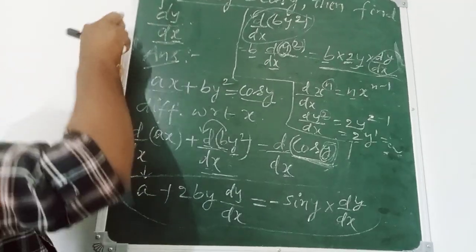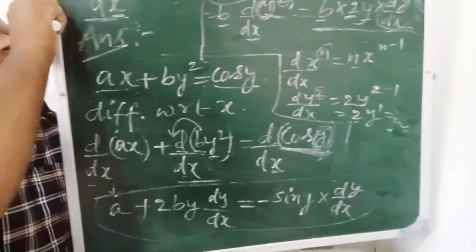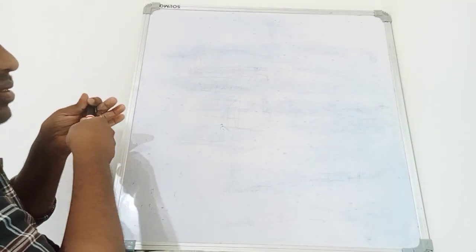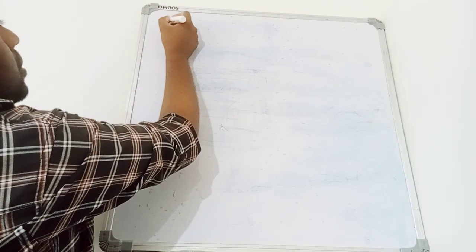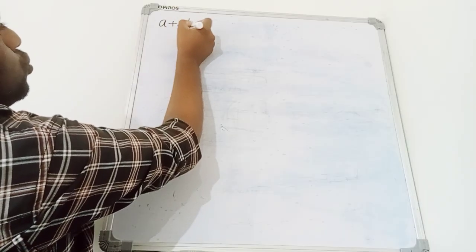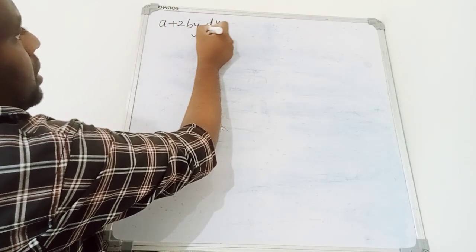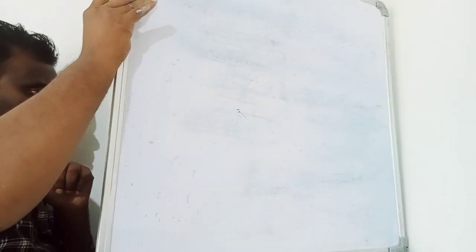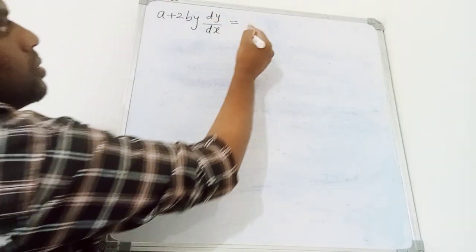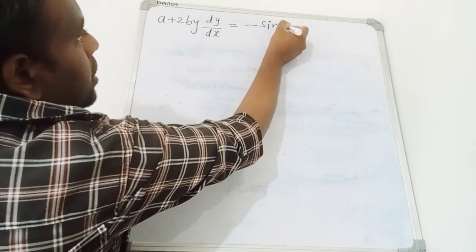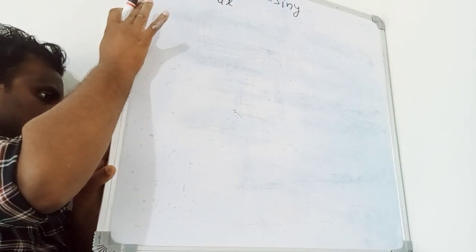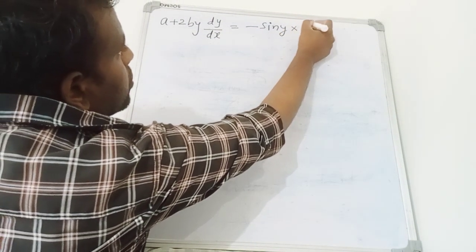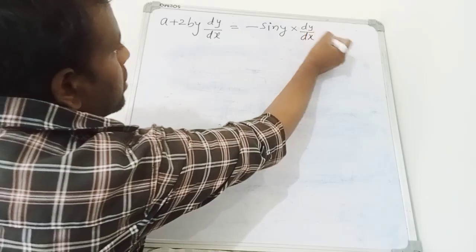A plus 2by dy by dx is equal to minus sin y into dy by dx.